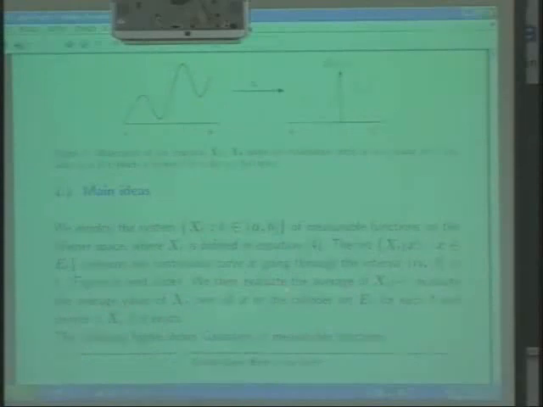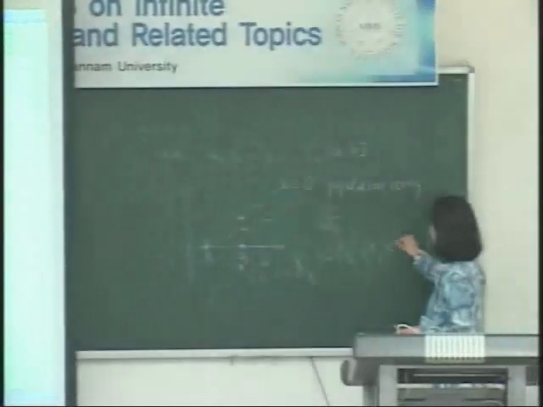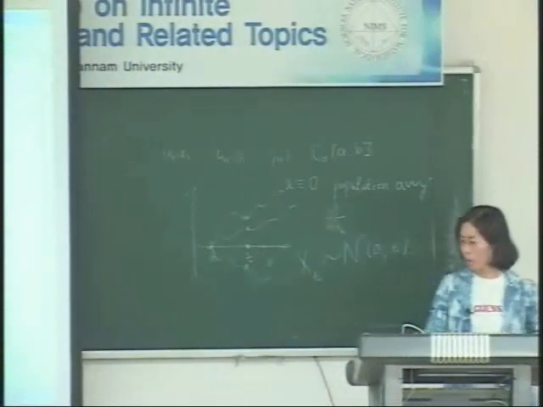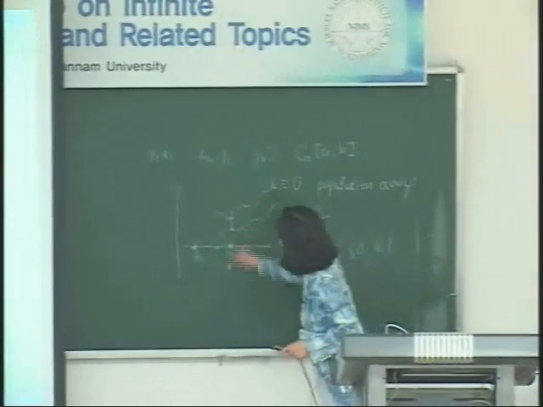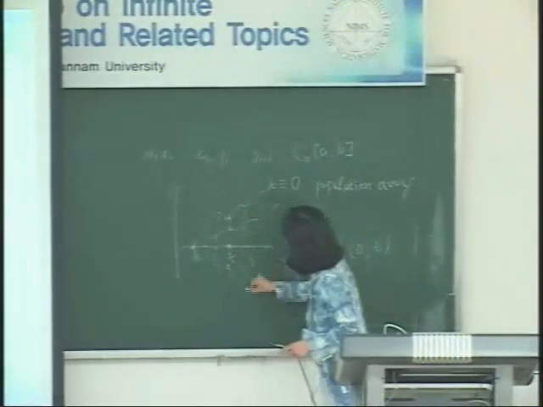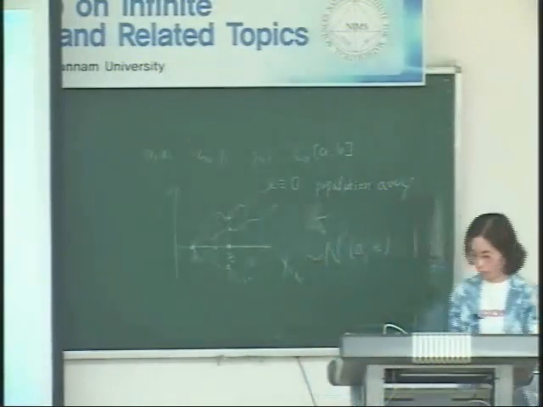Actually, it can be regarded as a normal distribution, varying Gaussian. But for each point t, the variance is different. The mean value is 0, the same. However, the variance is different. X_t follows the normal distribution N(0, t). For each t, it has different values. I mean vertically, the distribution of these values has a Gaussian or normal distribution.